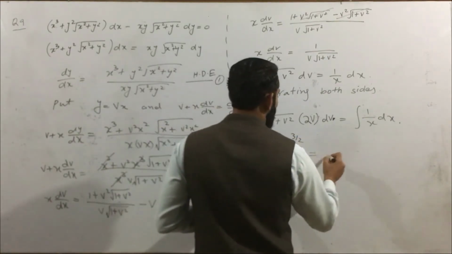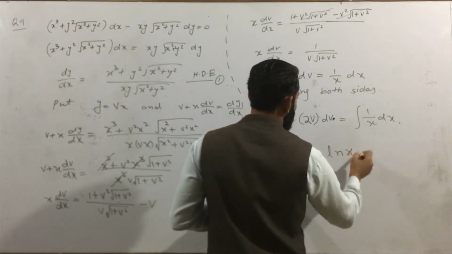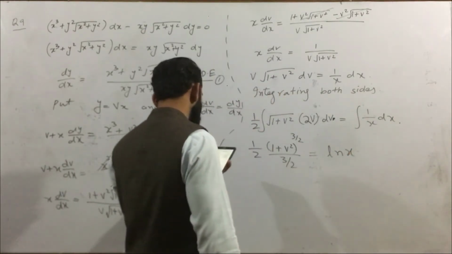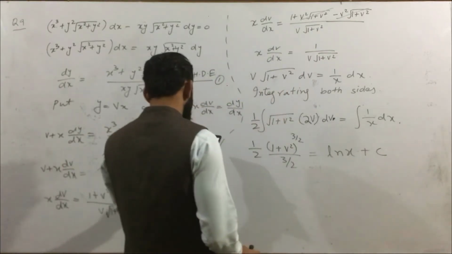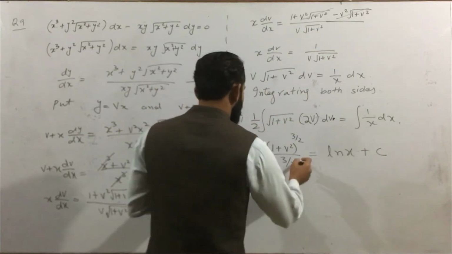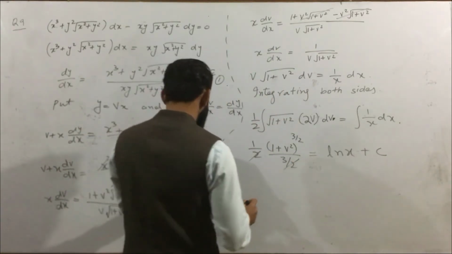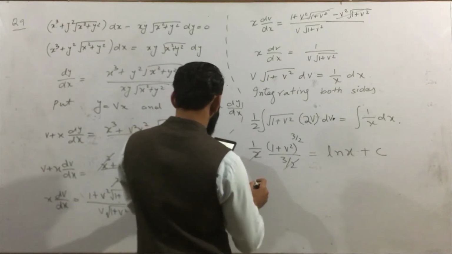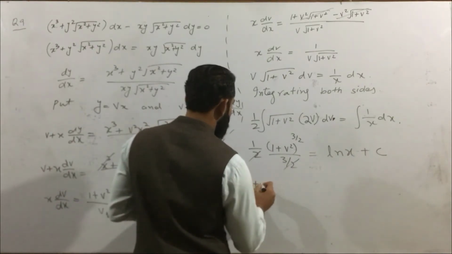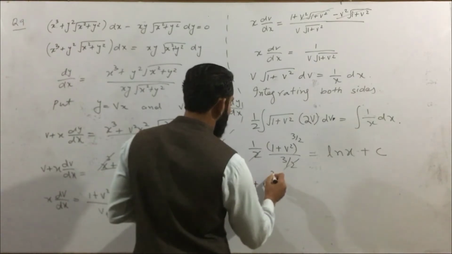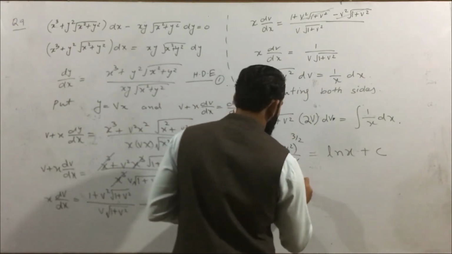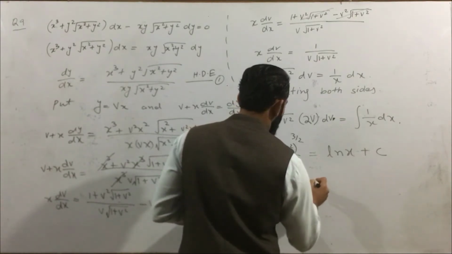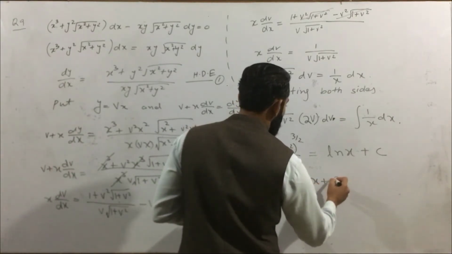After applying the power rule, the integral of the right hand side is natural log of x plus c. This 2 will cancel out with this. Then we have 1 plus v square to the power 3 by 2 is equal to, this 3 will multiply to the other hand side, 3 natural log of x plus 3c.